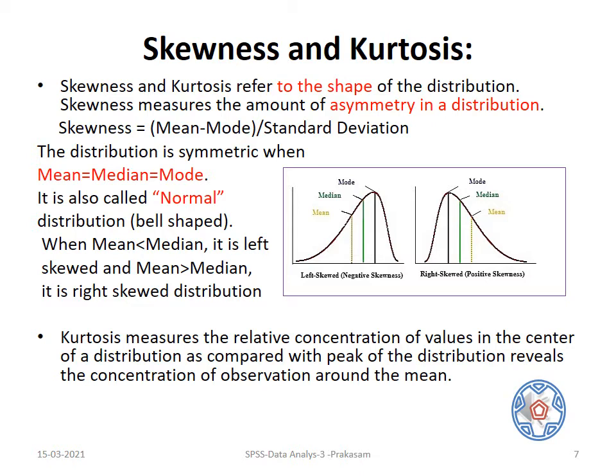These are the two measures which measure the dispersion of the distribution, and we can understand whether it is a bell-shaped curve or not. That is called the normal. More we will discuss about the bell shape and other things in the coming lectures and videos.